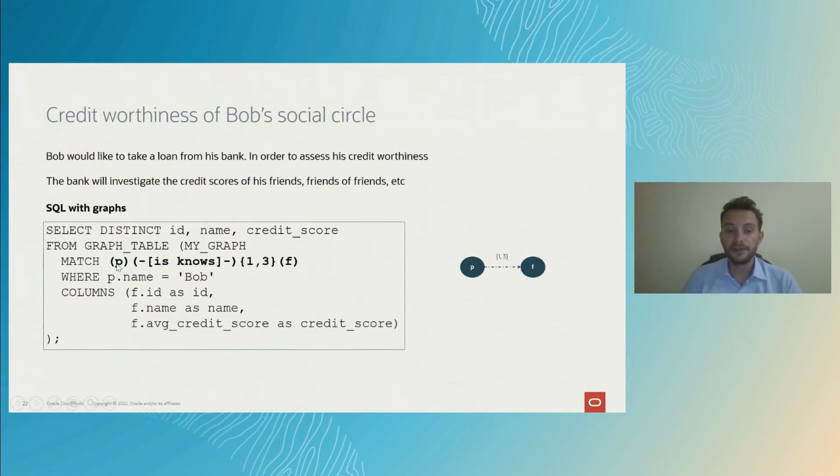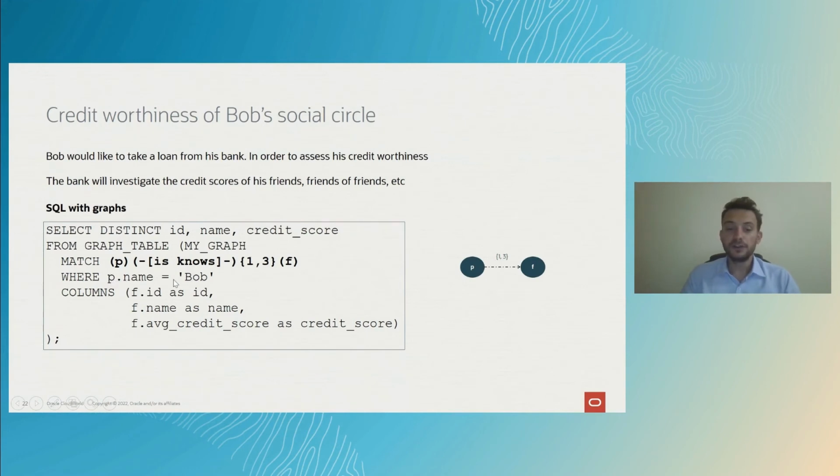So what does the match pattern say? It says basically that we want to start from a vertex P, which is connected via a knows relationship to a vertex F, and then the knows relationship can repeat between 1 and 3 times. So this is what we call variable length querying, because you start from a vertex and then you explore everything which is between min and max, here 1 and 3 hops away from the originating vertex.